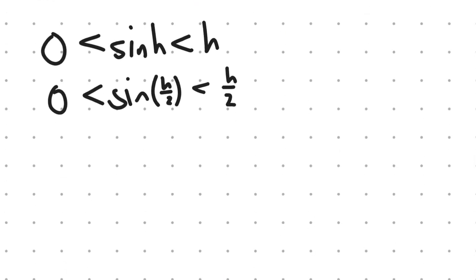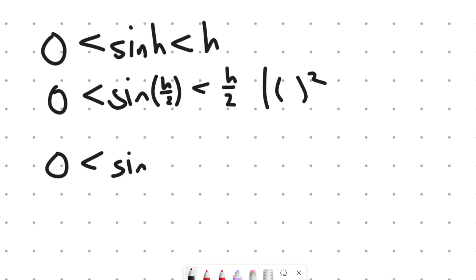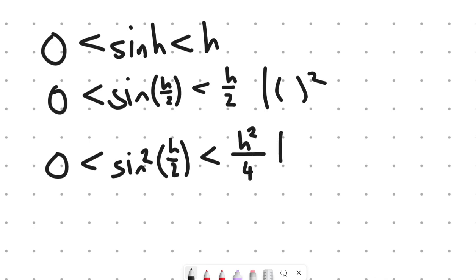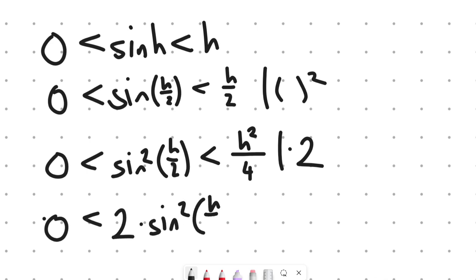Now we can square both sides, all of them. So we have 0 is smaller than sine squared h over 2 is smaller than h squared over 4. And let's multiply 2 on all sides, so 0 times 2 is 0 is smaller than 2 times sine squared of h over 2. So we're just going to try to get the expression by itself, and it is smaller than h squared over 2.